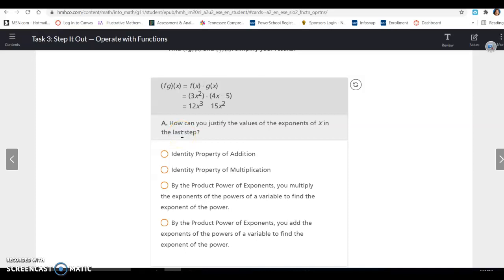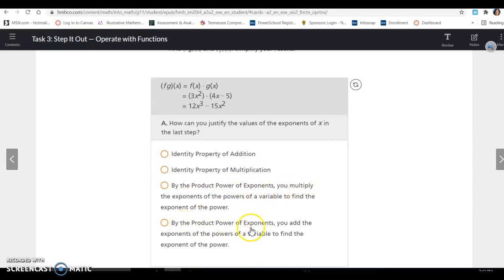All right, so the A part says, how can you justify the values of the exponents of x in the last step? This goes back to properties of exponents. So x squared times x, same base, you add exponents. So it's not the identity property. It's the product property of exponents, but you don't multiply the exponent powers.